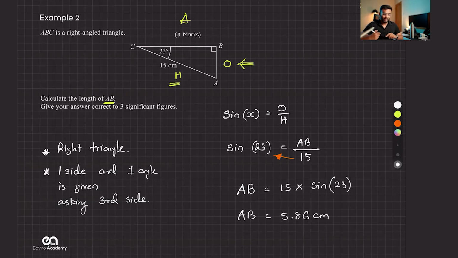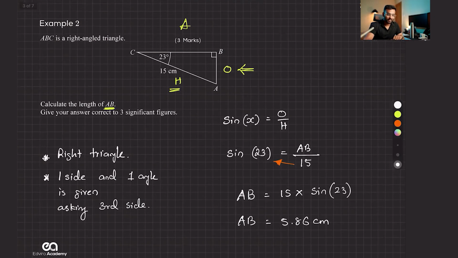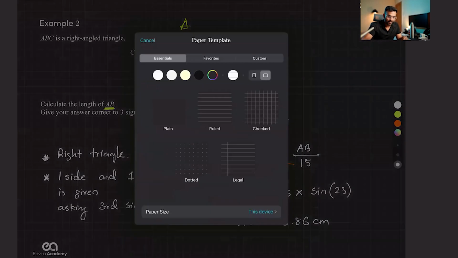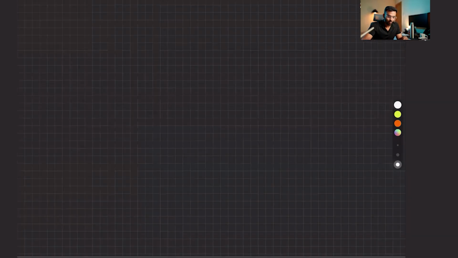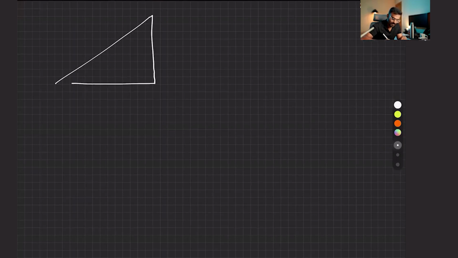Is that okay, everyone? Quickly, I want to add one more thing to this, and we're nearly there. We couldn't go through the revision really well. This is angle X, hypotenuse, opposite, adjacent.